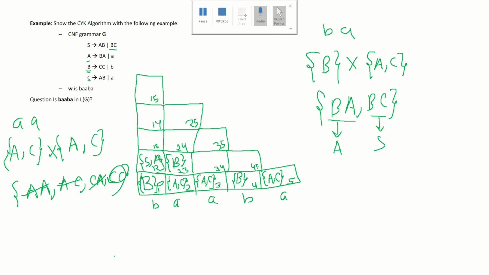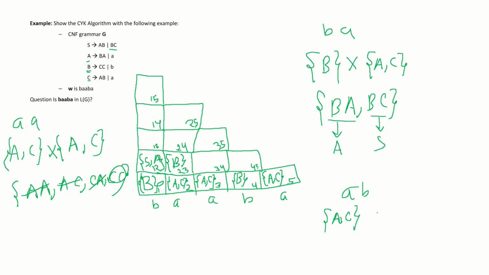After that look at the position 3 4. So in 3 4 we have AB. Now this position 3 can be generated from A and C, and this position 4 can be generated from B. So the cross product of these two gives us AB and CB.